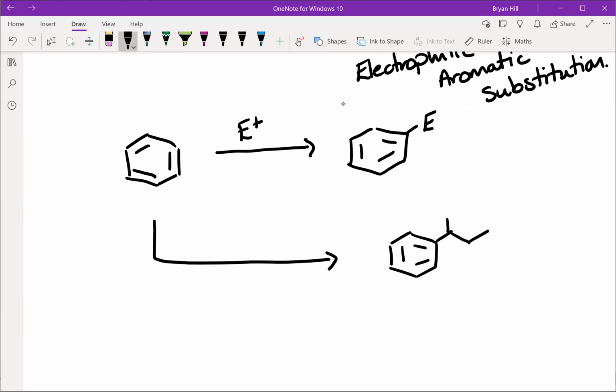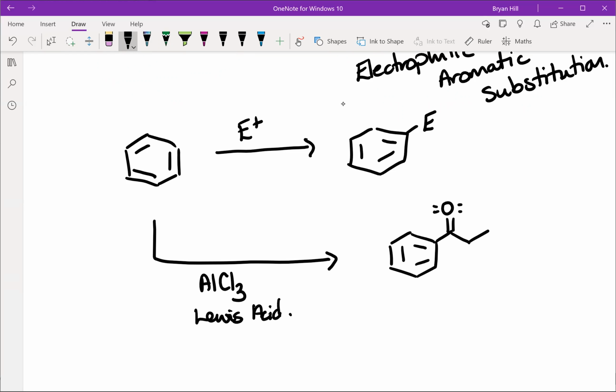let's say we wanted to put a ketone here. Does anyone remember the two reagents that were sort of critical to putting a ketone there? So one of them was aluminum trichloride, and this was a Lewis acid.